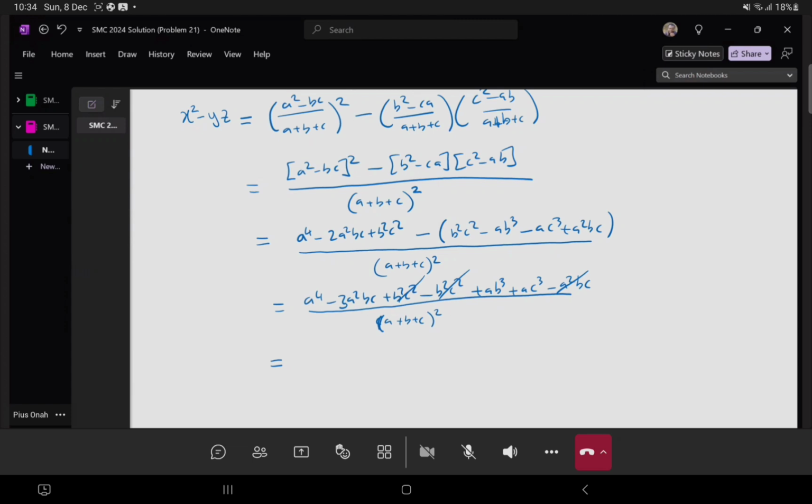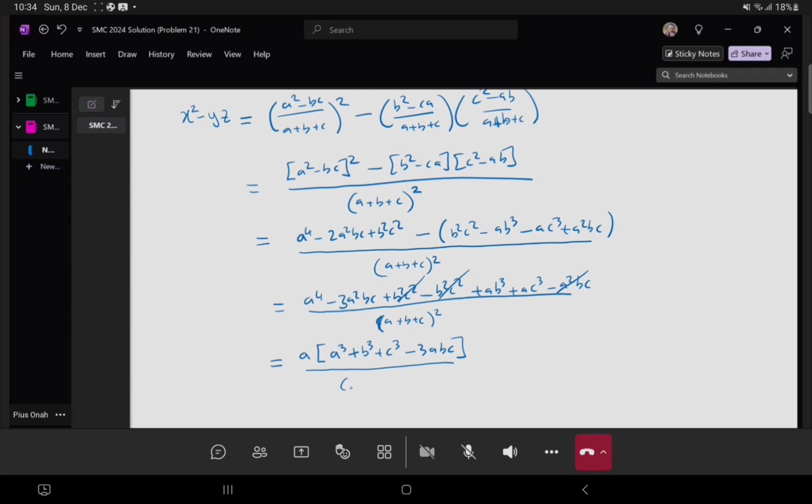It's an obvious factor. Can you see it? A is in each of them, so that's the factor. Maybe it's too obvious.